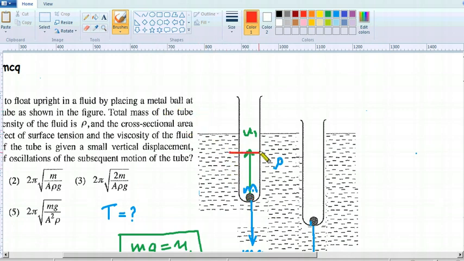Therefore the center of gravity moves closer to this metal ball, because that end is heavier.